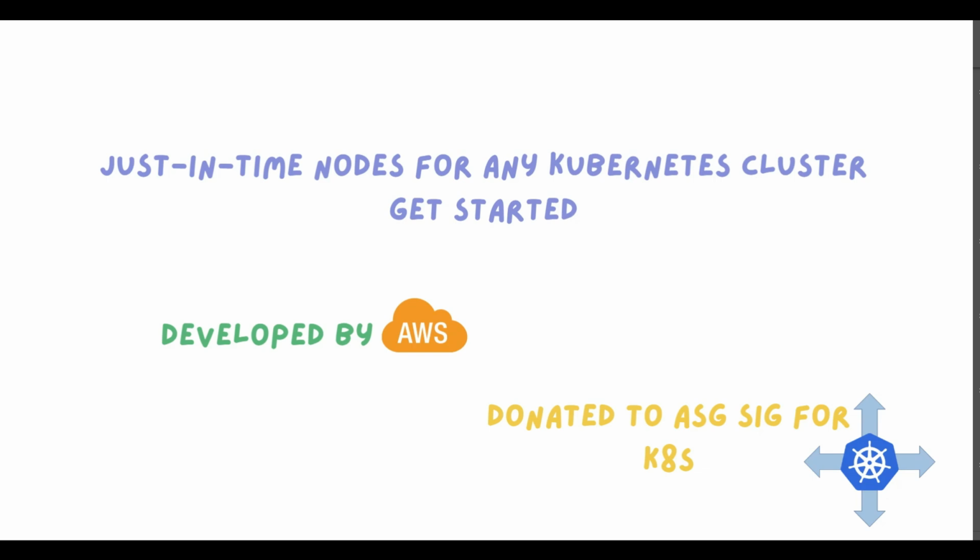Karpenter was originally developed by AWS and donated to the autoscaling SIG for Kubernetes. It supports multiple clouds. Today, our focus is only on AWS. And as we go through this session and tutorial, by the end you will have a clear understanding of why AWS designed this solution for traditional cluster autoscalers with managed groups. So we'll have those details at the end of this tutorial.